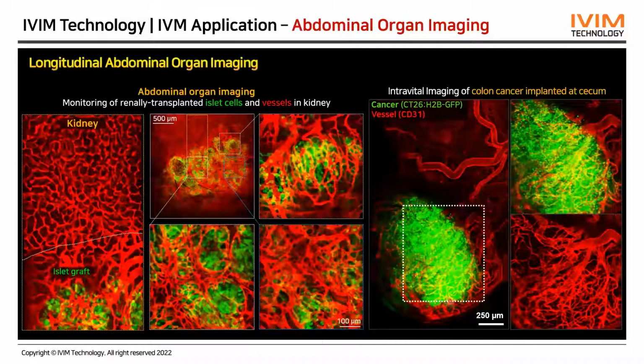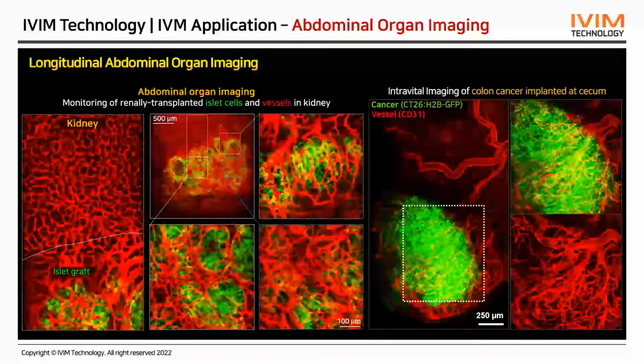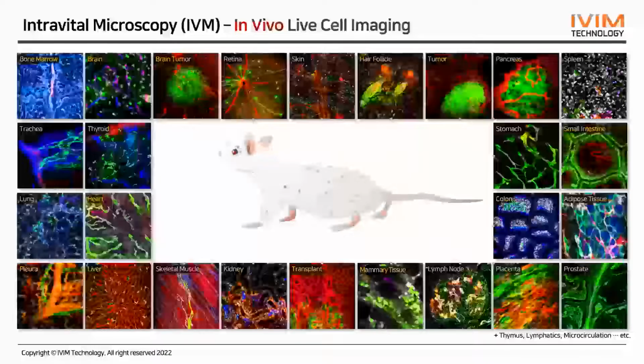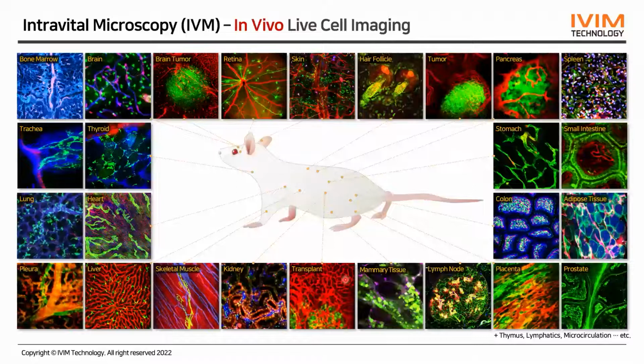So again, intravital imaging can be a great method to monitor the temporal dynamics of disease development in the same mouse model over time. IVIM technology has a wide range of experimental in vivo research applications throughout almost all organs in the live animal model without any restriction of the imaging targets.